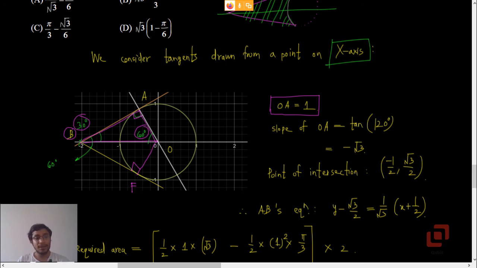Because of the congruence of these two triangles, I could conclude that angle ABO is equal to angle FBO. But what is the total angle here? Total angle is 60 degrees, the angle between the tangents AB and FB. So if the total angle is 60 and the x-axis acts as the angle bisector, each one of them should be equal to 30 degrees.